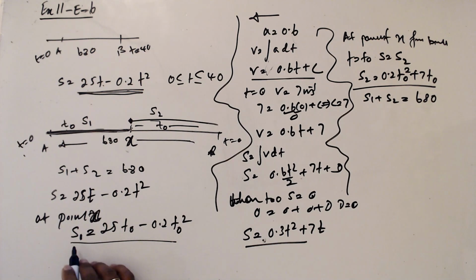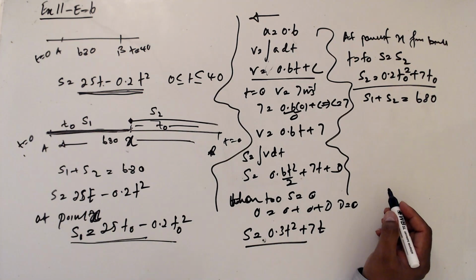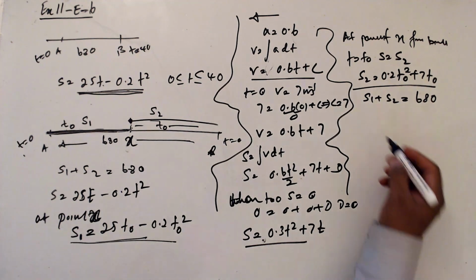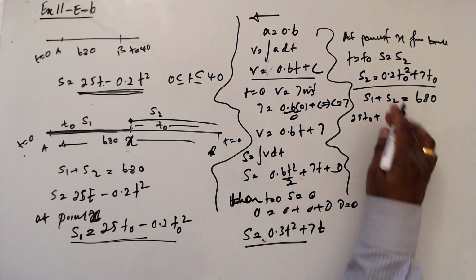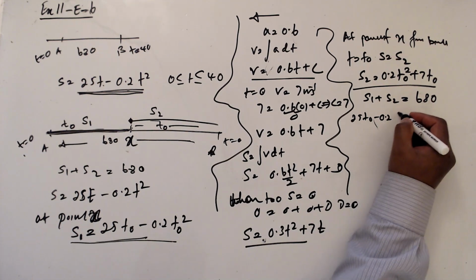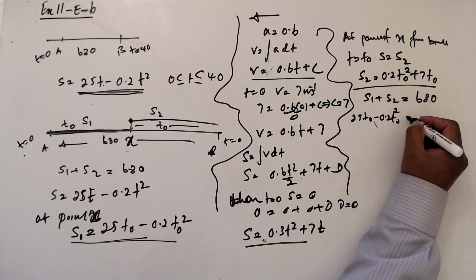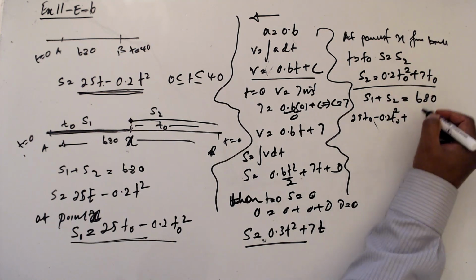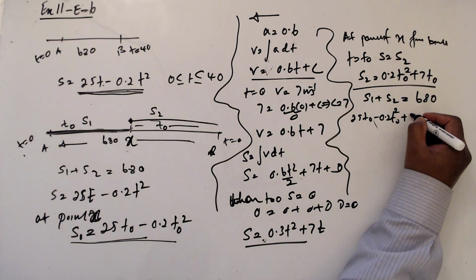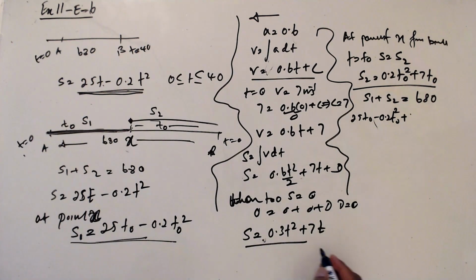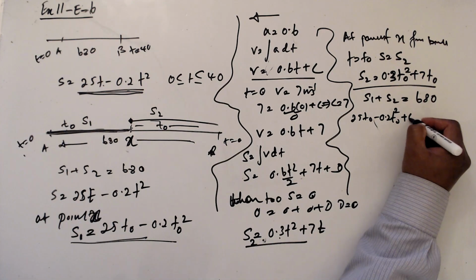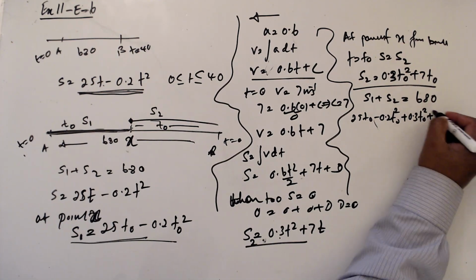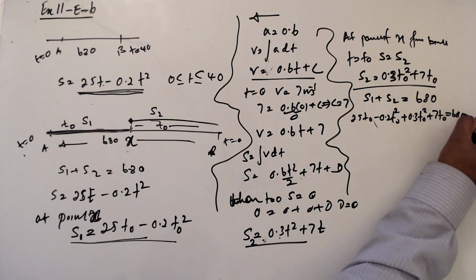Now S1 we have: 25 t naught minus 0.2 t naught square, and S2 is 0.3 t naught square plus 7 t naught, equals 680.